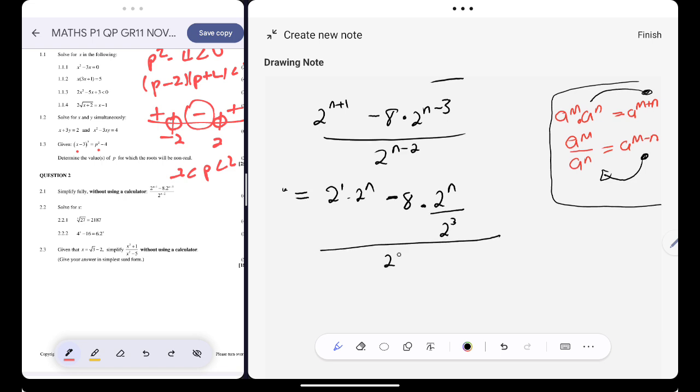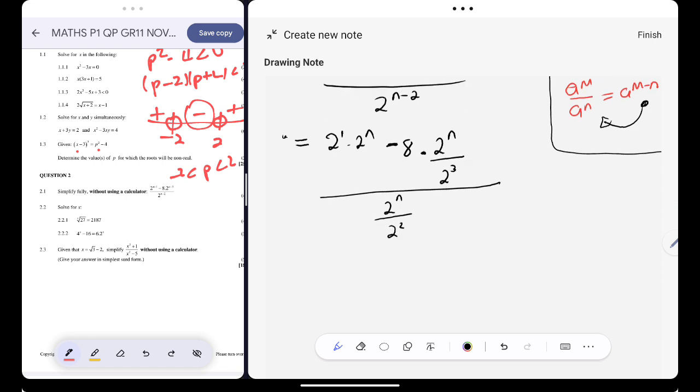Here I had 2 to the power n divided by 2 squared. So at the top I have 2 multiplied by 2 to the power n minus 2 to the power n. Why am I saying minus 2 to the power n? Because 2 cubed is equal to 8, and we have the same things dividing, so they'll just cancel one another.